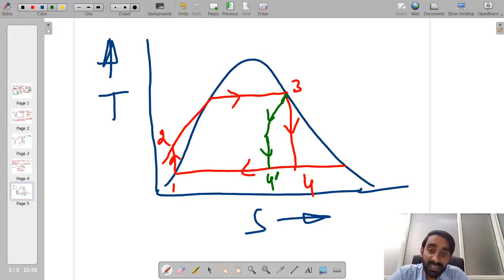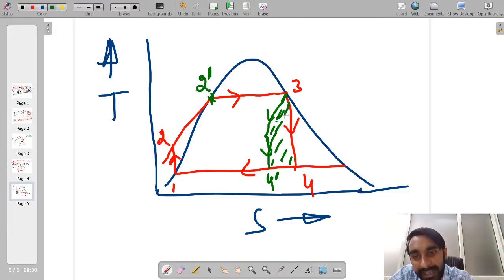Okay, and as I have told you, this is now our actual expansion. Now let us consider that, say this is our point number 2 dash. Okay, so if you try to see over here, you will be finding that whatever this area we are having inside this zone, okay, this area is almost identical to the area whatever we are having over here.